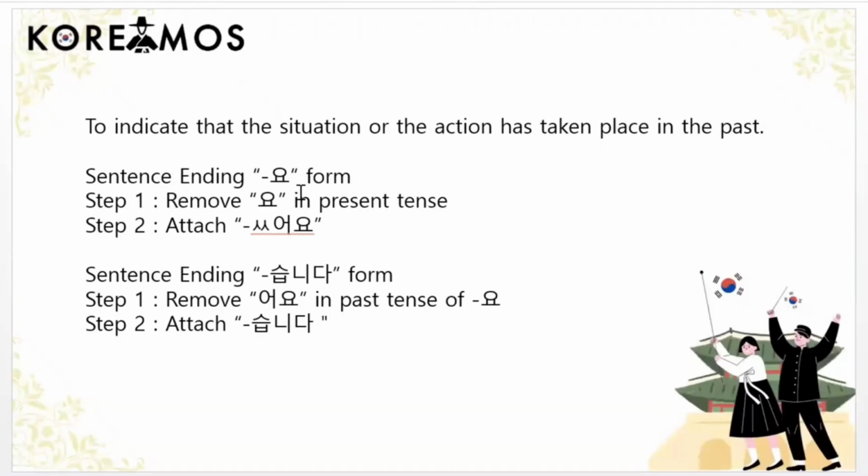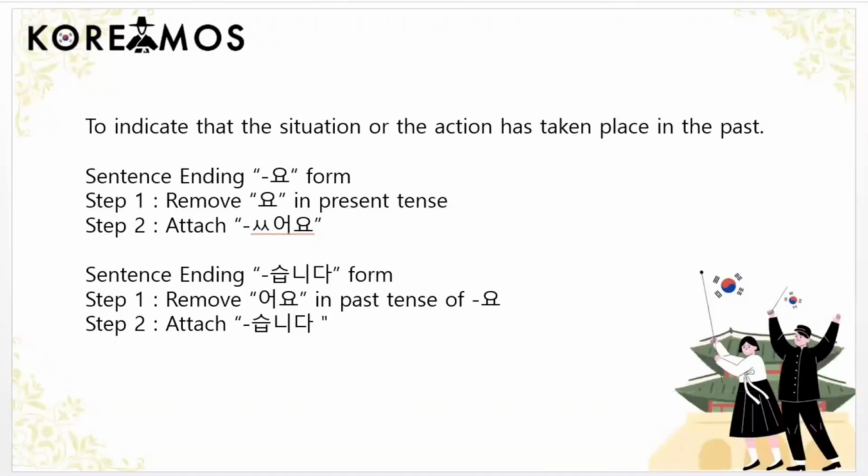Here's the rule. The sentence ending yo form, first remove yo, but in present tense. In present tense. This is important. This is why I told you that you have to review the present tense first before we learn past tense, because we're gonna conjugate from present tense.